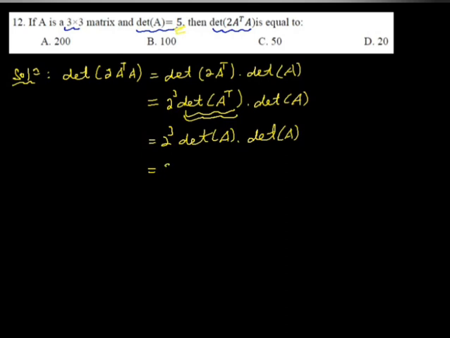So 2 to the power of 3 is 8, times 5 times 5. This is 40 times 5, which is 200. Therefore, the answer for this will be A.